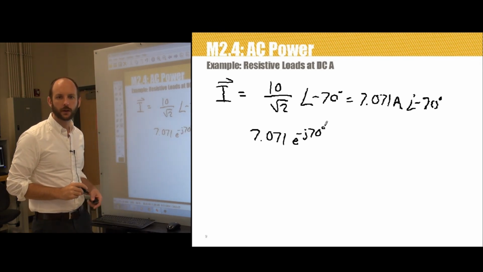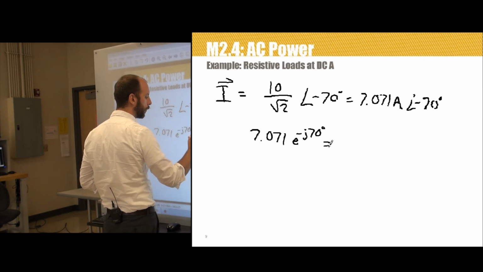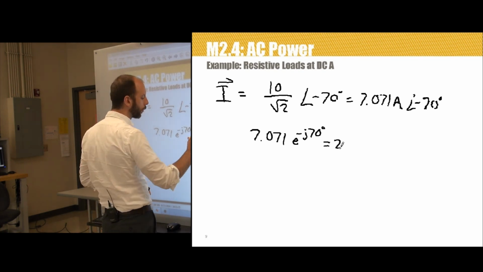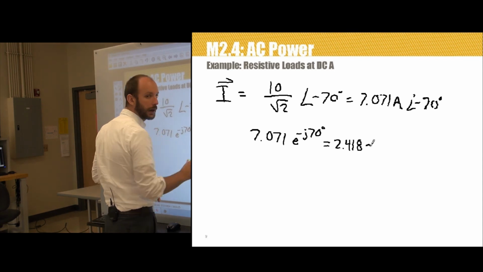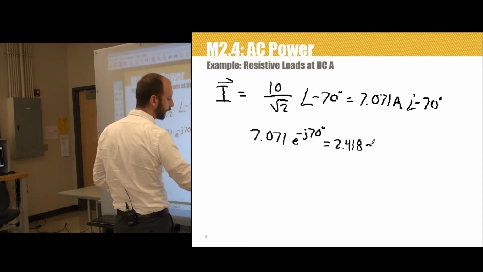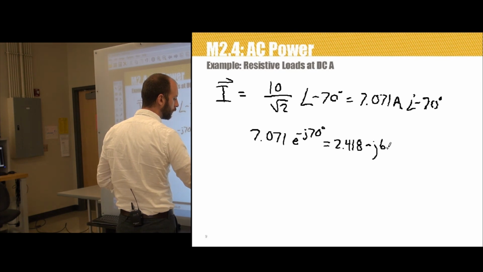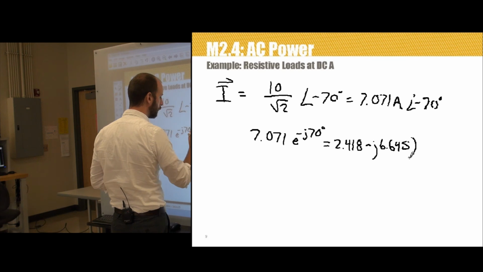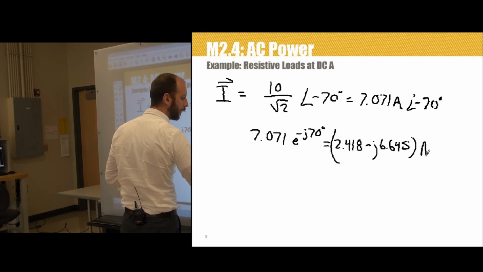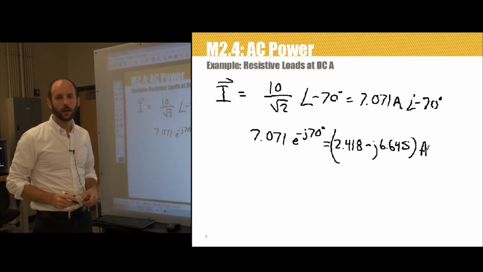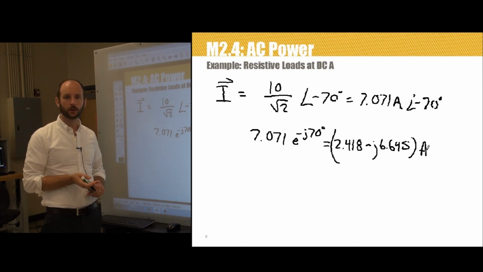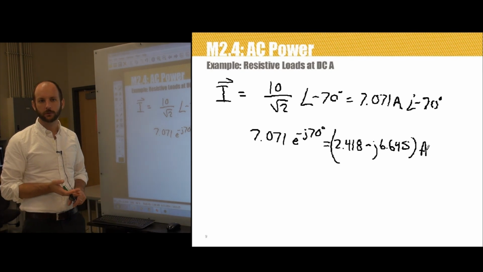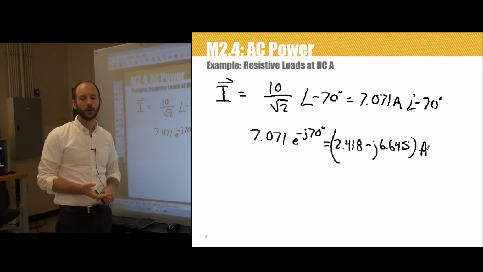And then if I were going to write that in rectangular form, it would be 2.418 minus j 6.645 amps. Right. So if you're having any trouble with this exponential form, make sure that your calculator is configured in the correct setting for your angles, either radians or degrees, as appropriate.